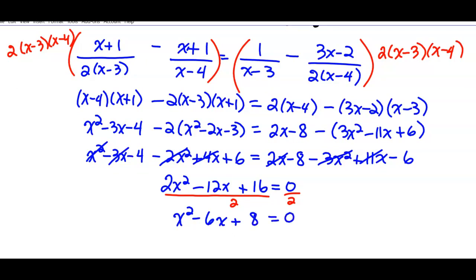Okay, what are you doing? Why is the x squared so wrong? Oh, I've got x squared minus 2x squared is negative x squared plus 3x squared is 2x squared.